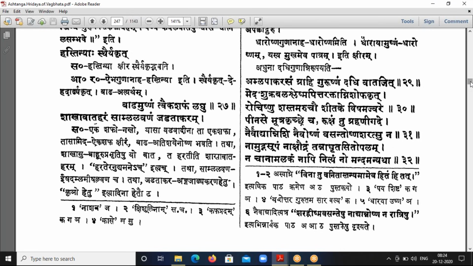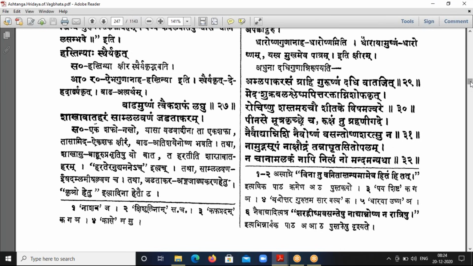So dadhi can be seen as going through 5 stages. The first stage after mixing with the milk, it is not milk but not yet dadhi, something in between. Generally, that is called mandagam dadhi. And it is supposed to be abhishyandakaranam, kapha vardhananam agryam.